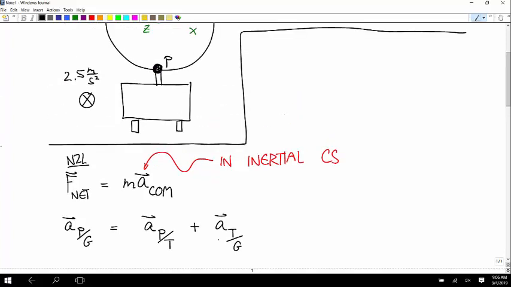The acceleration of the train relative to the ground is what's given: 2.5 meters per second squared into the page. That's the negative z direction, the way I have it drawn. So that's 0, 0, negative 2.5.